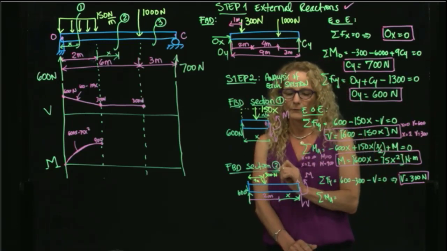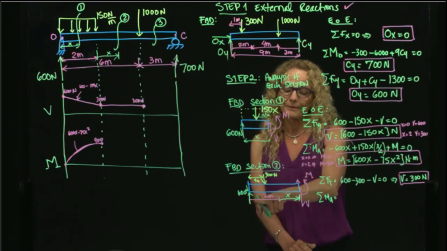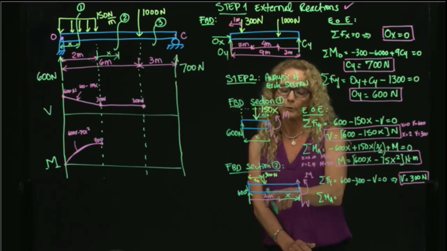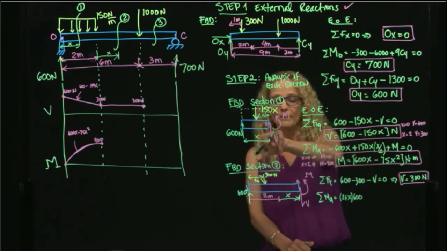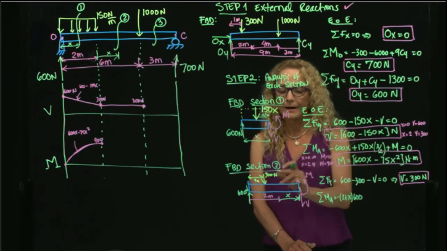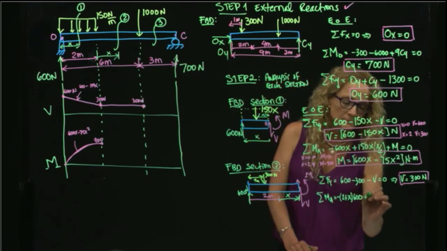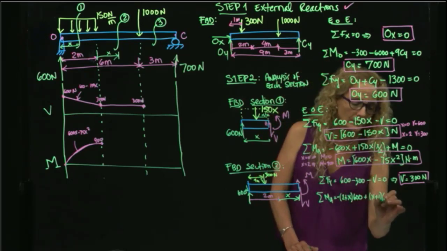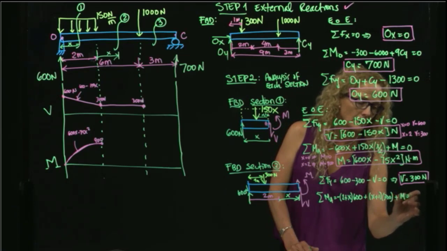And here, what do I have? I have the 600, the distance will be x plus 2, and this moment is negative. And then I have this moment right here, which will be x plus 1, and this moment will be 300, and then plus M equals 0.